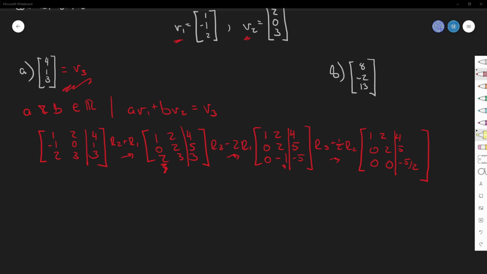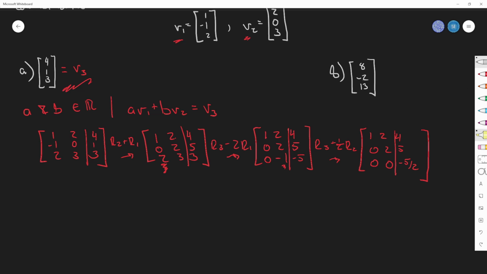Now that we have this in reduced echelon form, we can see if this can be a linear combination of the other two.